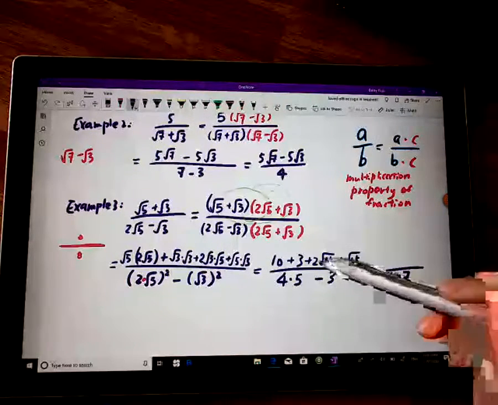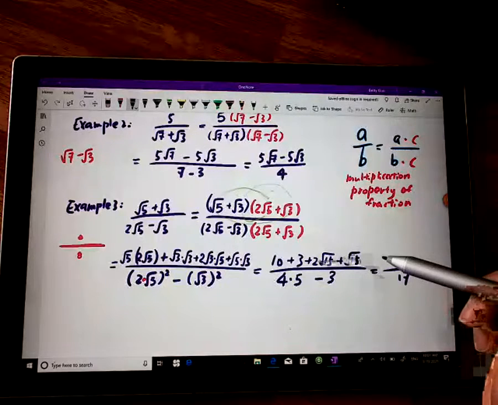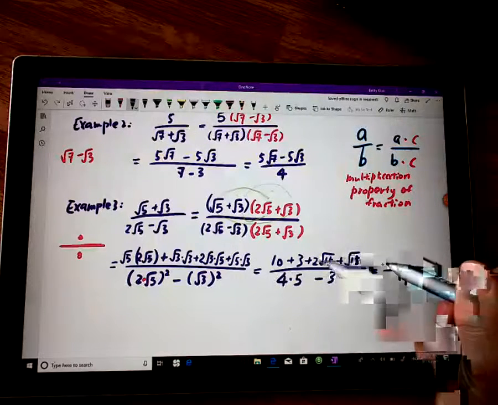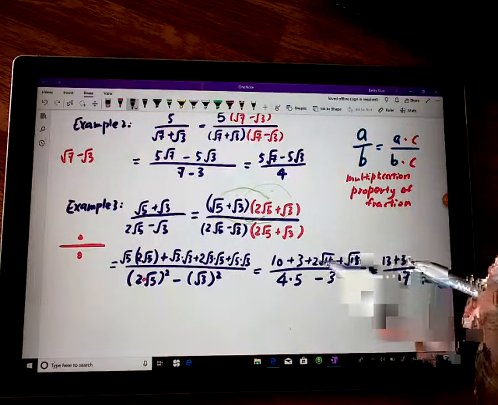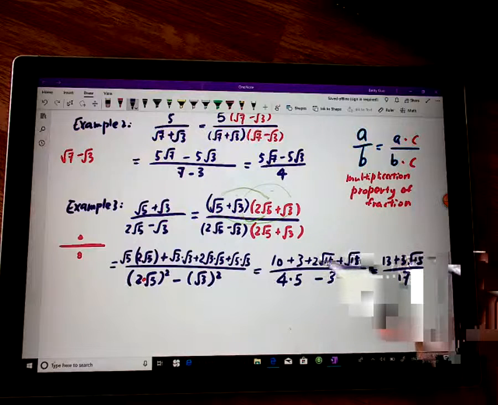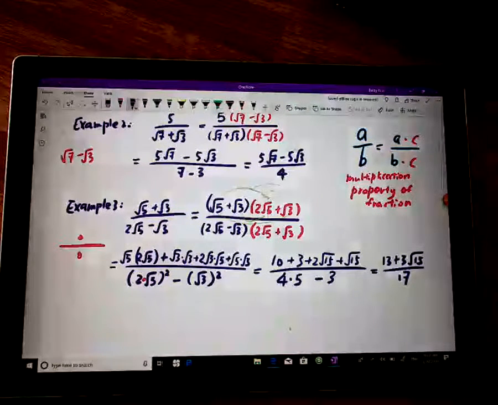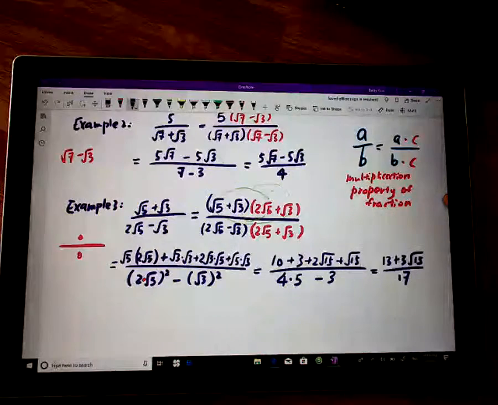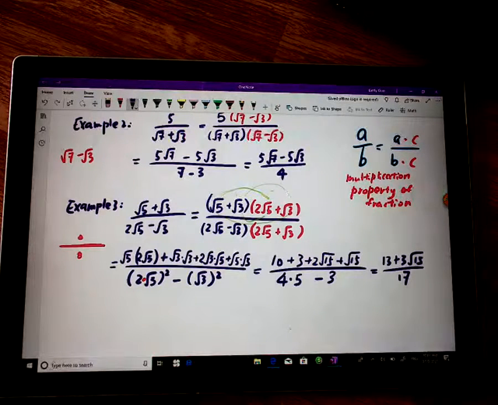Okay, so let's combine the radicals. Those two are like radicals. We have 10 plus 3 is 13. 2 plus 1 is 3, so 13 plus 3 root 15. Is root 15 already simplified? Yes, 15 can be factored as 3 times 5, so it's already simplified.